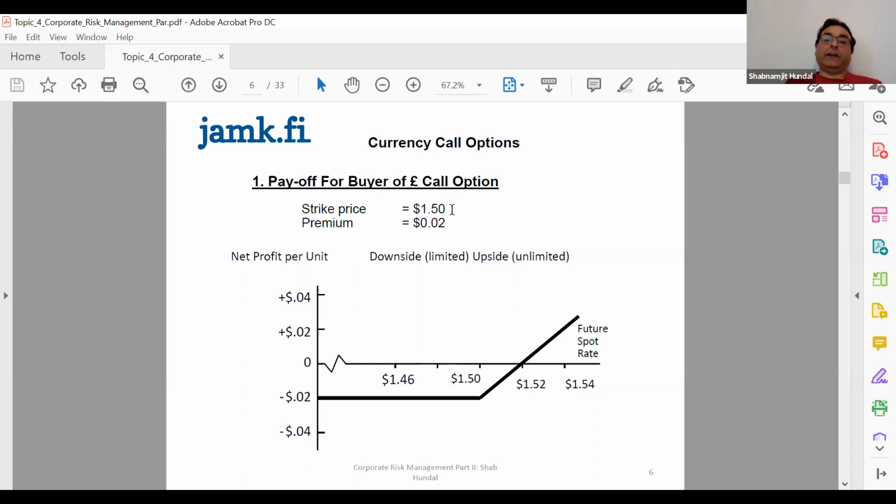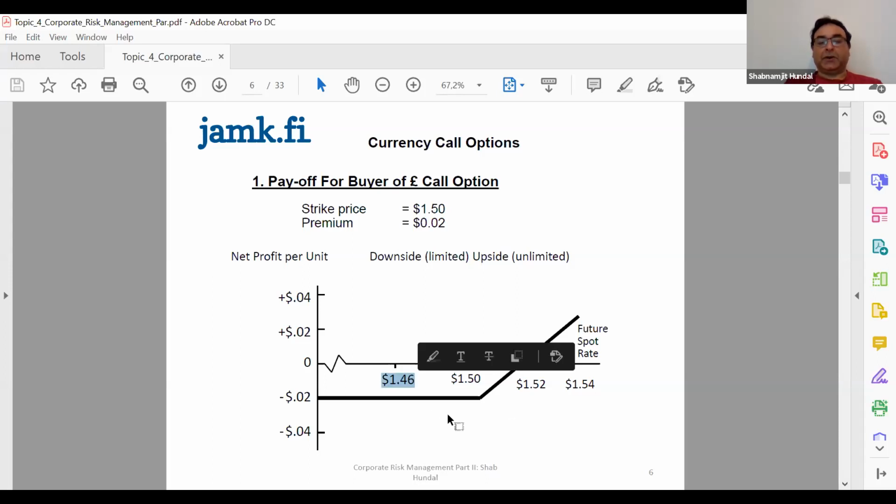You see that your strike price is that you can buy a pound for 1.50 US dollars. But out of curiosity, you check how much it would cost to buy £1 from the market, and you find that the market price is 1.46.